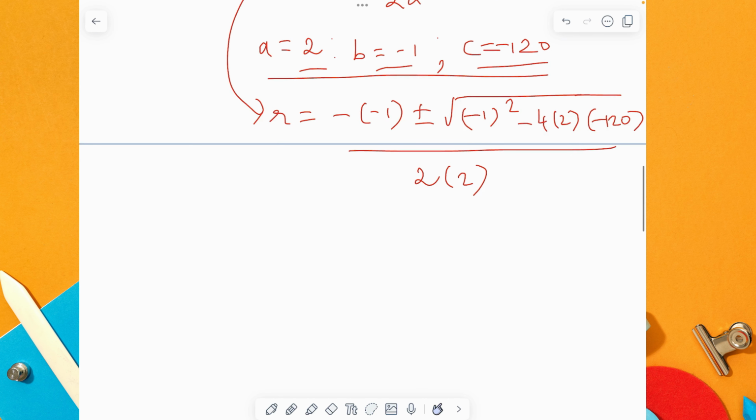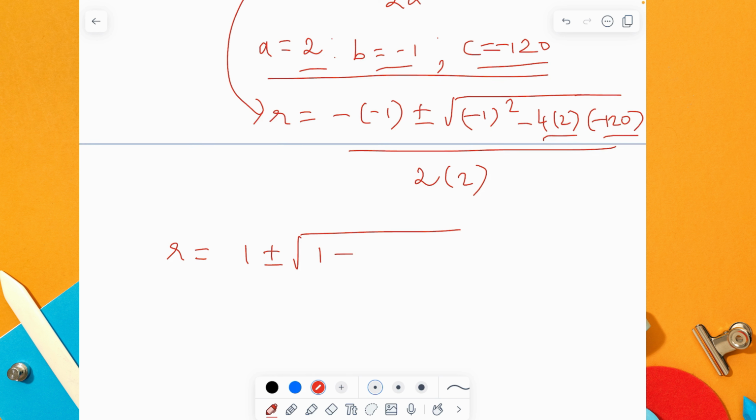Now moving on further, R is equal to 1 plus or minus root of 1 minus 4 into 2 into 120, that is 960. So minus of minus 960 is plus 960, divided by 4.